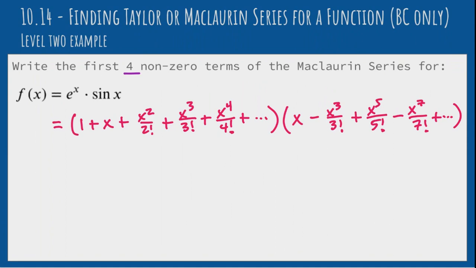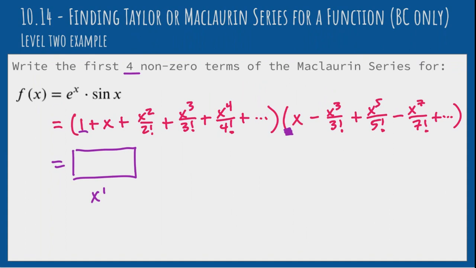So what I'm going to do, I'm going to actually put a table in here, and this is something that I would kind of just do mentally. But I'm going to start by just looking for an x to the 0 term. Well, x to the 0 would be a constant times a constant, and we don't have a constant over here, so I can actually skip over that one and start with an x to the first term.